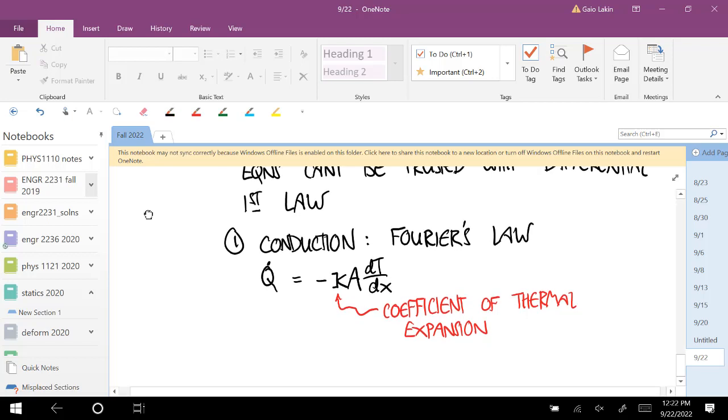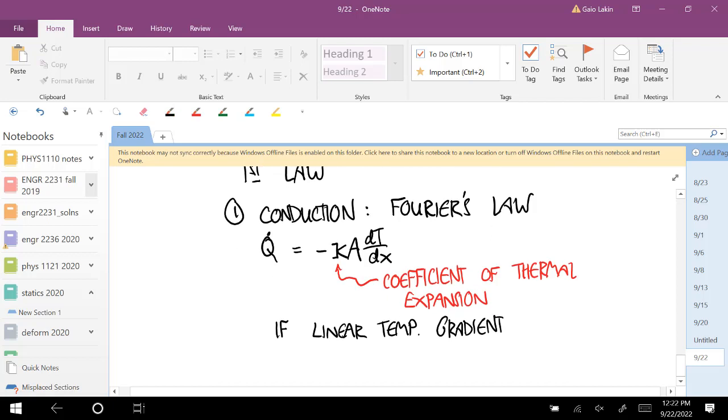And often the temperature gradient is going to be linear across whatever surface it's conducting through. So if you have a linear temperature gradient, then you don't have to do this as a differential equation.